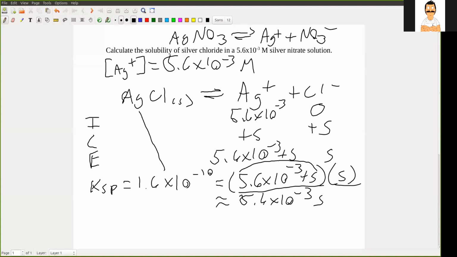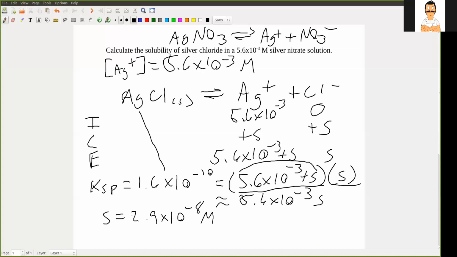So we're saying that silver is not changing concentration that much. And the result when you do that, S will be 2.9 times 10 to the minus 8 molar, where silver does not change much in concentration. So really it's the inclusion of chloride that is going to change how much precipitant you form and the solubility of it.